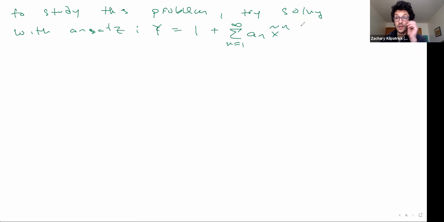Now you can always try power series as the solution to a differential equation, and it's a way of turning a differential equation into a recursion relation if things work out correctly. So in this case, to zeroth order, it's not hard to show that the constant term that you need in the power series is 1. So I'm just going ahead and plugging that in.